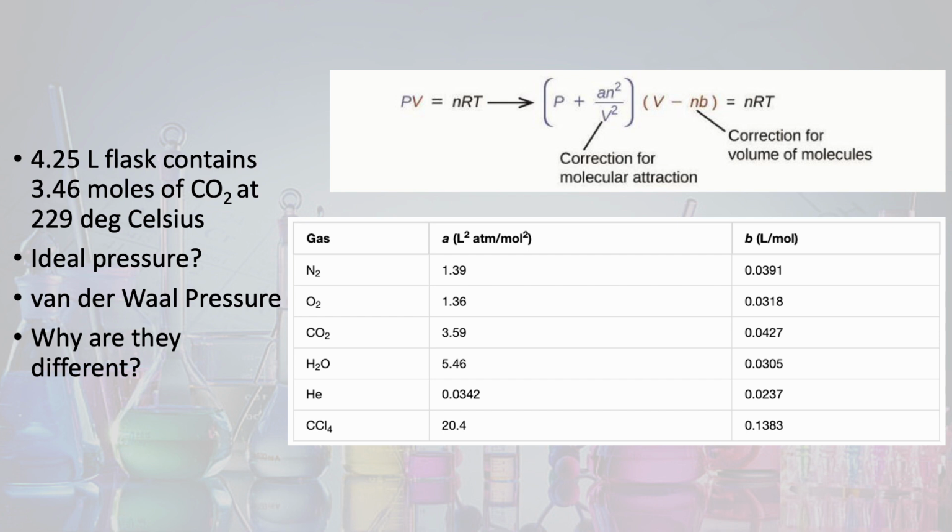Because this pressure is not very high, the temperature is also not very low, and there is ultimately some attraction and some volume that these molecules of carbon dioxide take up. Again, in reality, there is no perfect ideal gas, so many of the assumptions we make when applying ideal gas laws don't hold true. Essentially, that's what it boils down to here. Why are they different? Because they break many of the criteria for the ideal gas law.